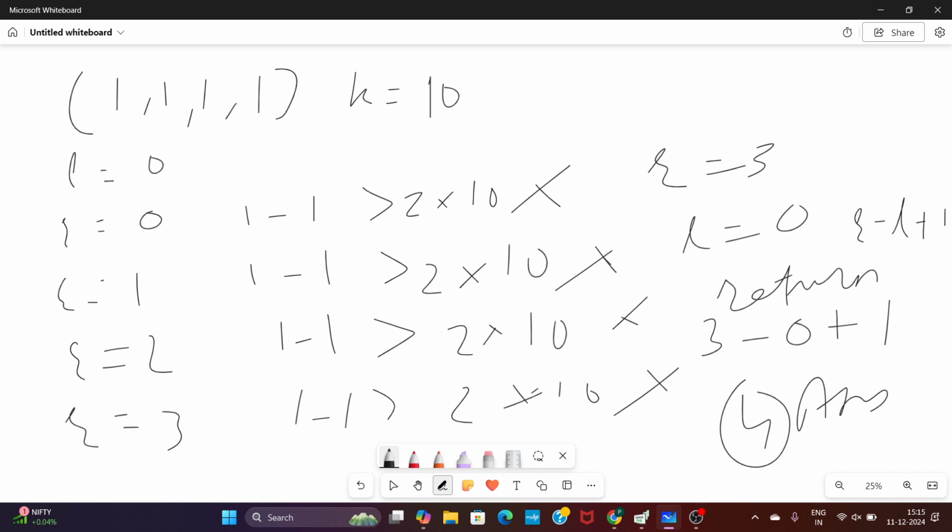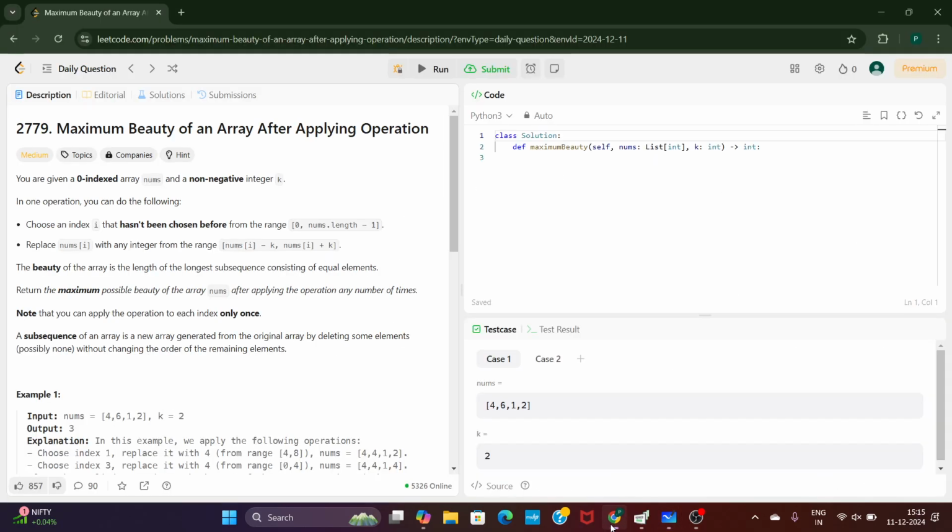Now let's try to code for it. We will see how to solve this problem by the coding approach. First we will sort the array, nums dot sort. Now we initialize our left pointer.